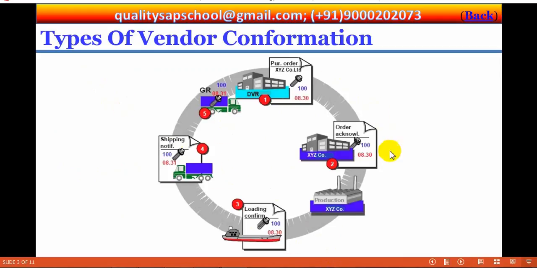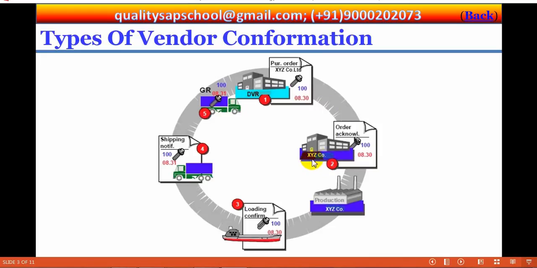You can see from this diagram, the cyclic diagram of this vendor confirmation. While we are purchasing a material, this company gives a purchase order to XYZ company for bolts, like 100 pieces, on a date like August 30th.